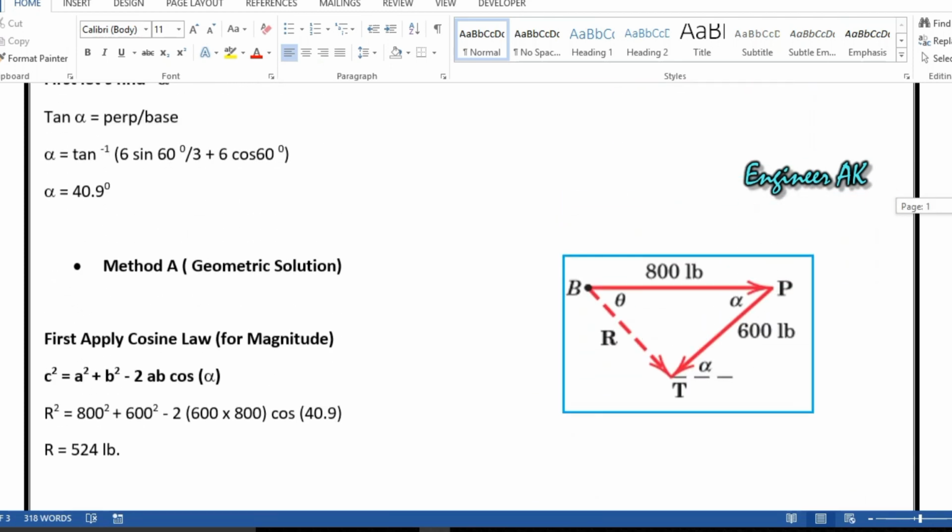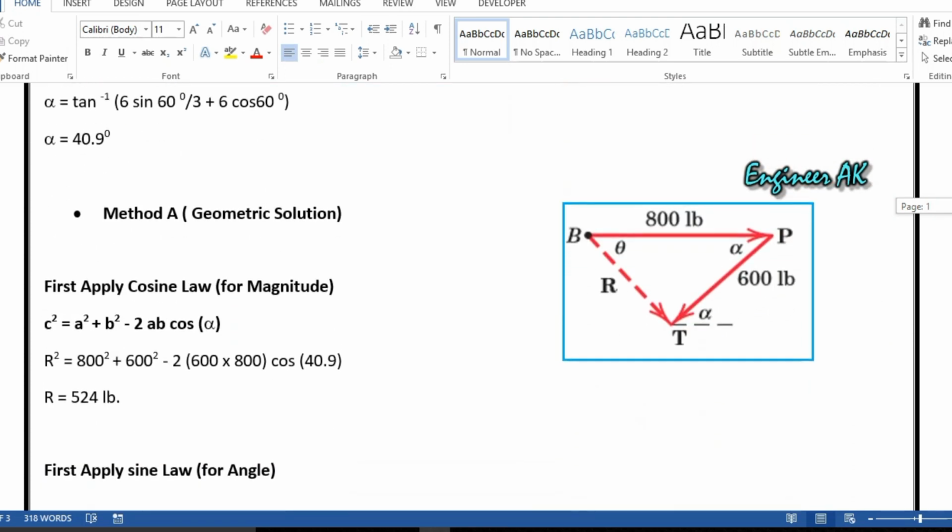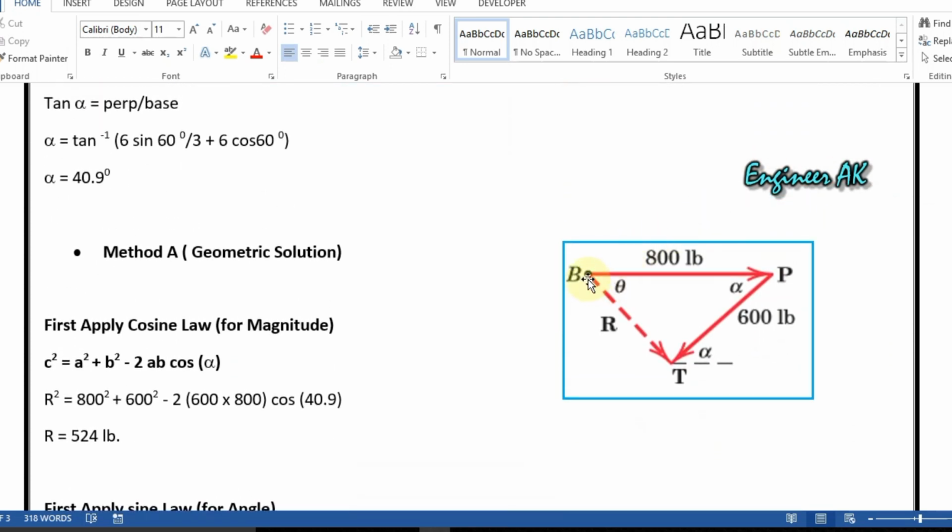However, you can also find it through the graphical method. How you can do that: in the graphical method, you simply consider this length. For example, if I take this as 1 inch, then you have to do scaling.